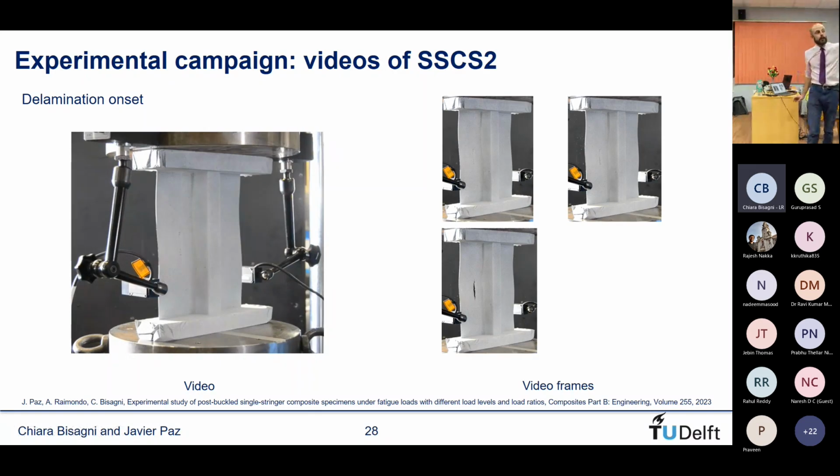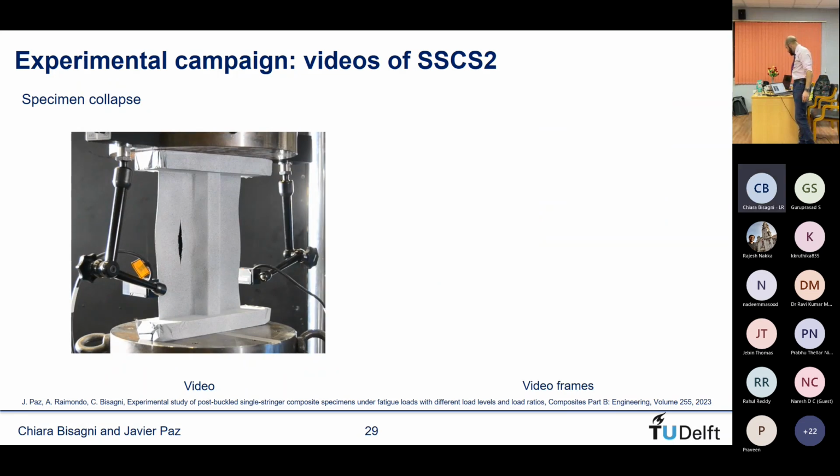When you look at the frames that we recorded with the video, we see that right before the specimen begins delaminating, there is a small change in the buckling shape, going from 2 to 3, and then within milliseconds the delamination opens. And now the specimen collapses.